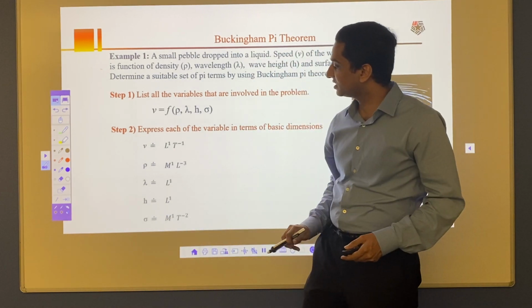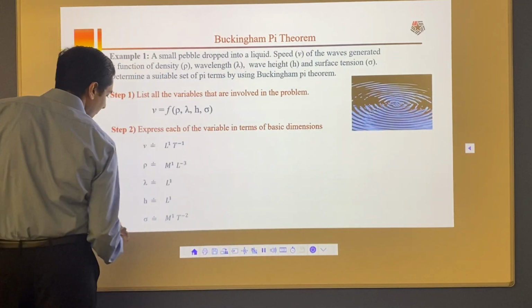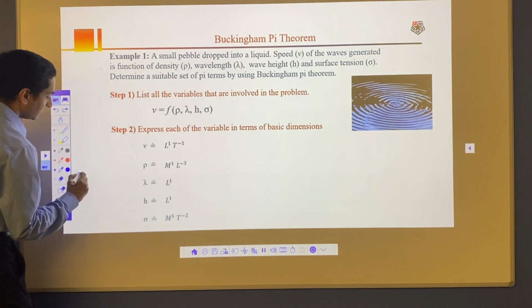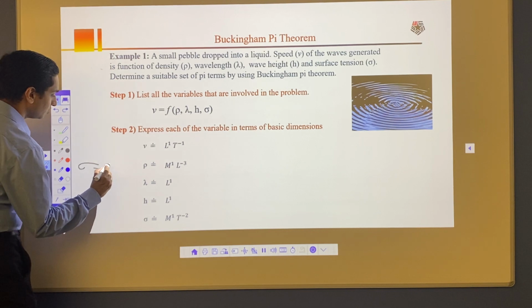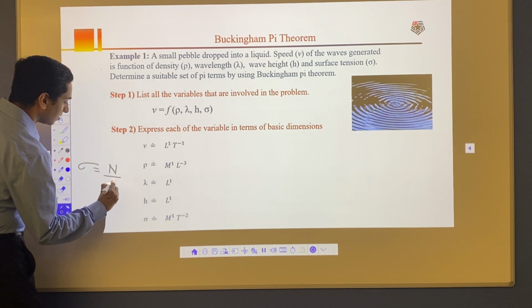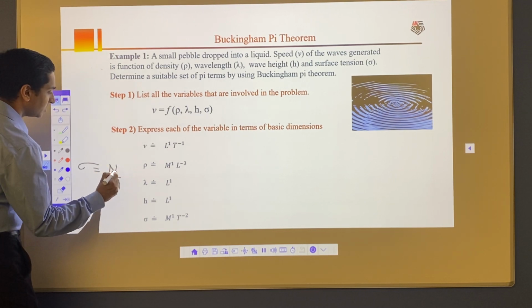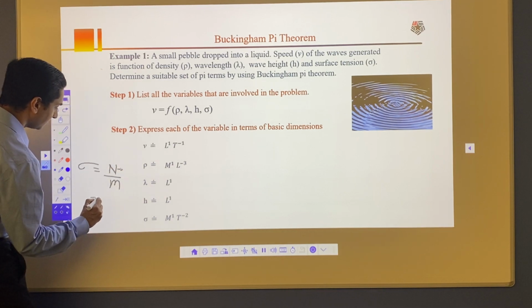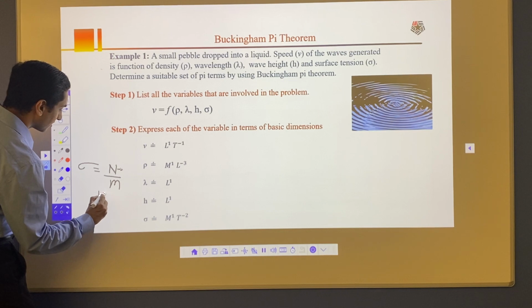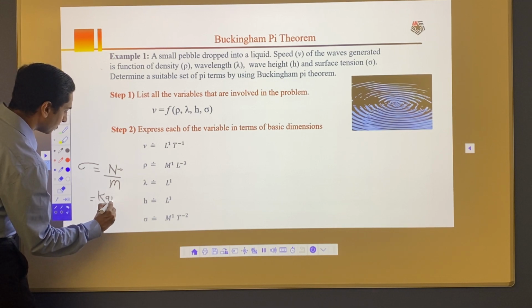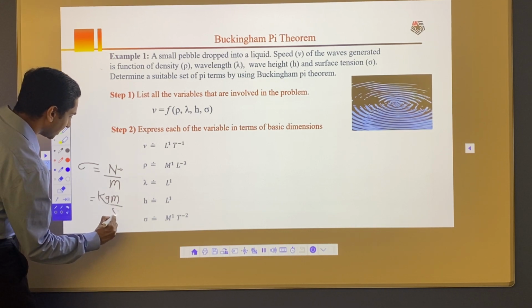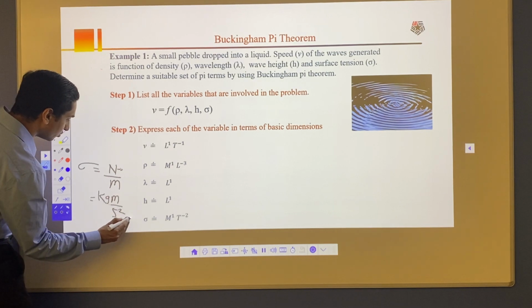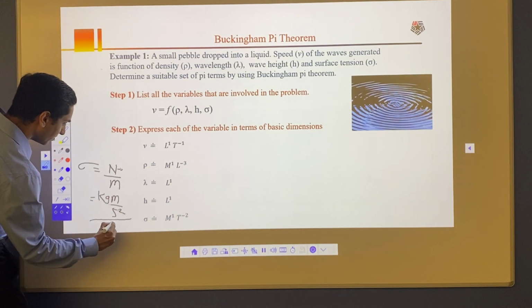Why surface tension M1 T minus 2? Because surface tension, sigma, is nothing but Newton per meter. This Newton is again given as kilogram meter per second square, that's your Newton, divided by meter.